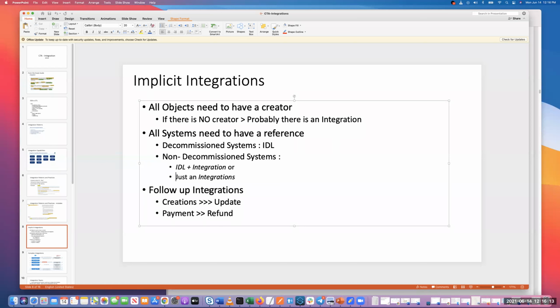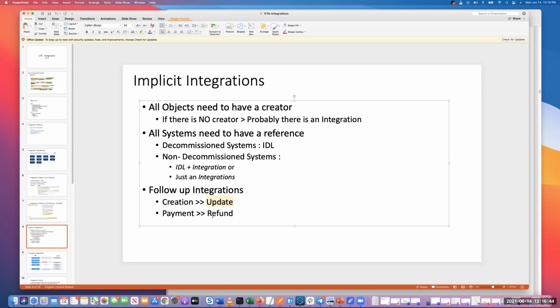The other one is on the follow-up integrations. For example, it might talk about the creation of a record, but then it's possible that you need to get updated records, right? That came through integration on the creation. So this one is probably implicit, because usually you don't want to see stale data. And also, if you do a payment, it's possible there could be a refund, right?